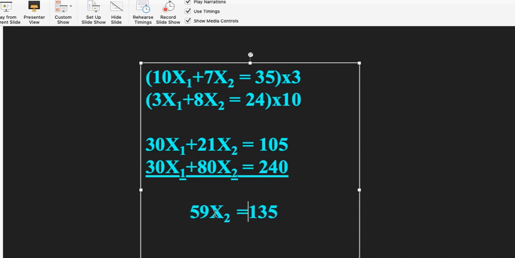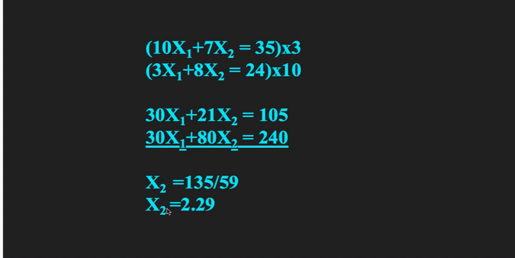Because we have a negative on both sides, we are going to cancel it. Then x2 will be equal to 135 divided by 59, and we are going to get x2 is equal to 2.29.